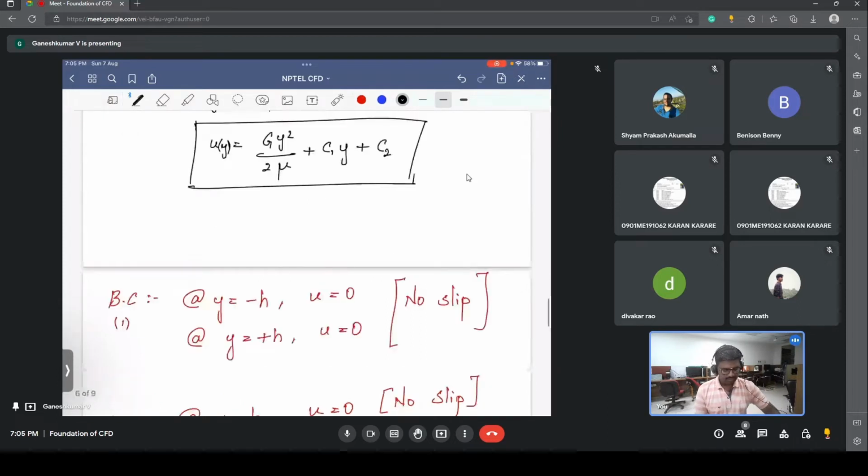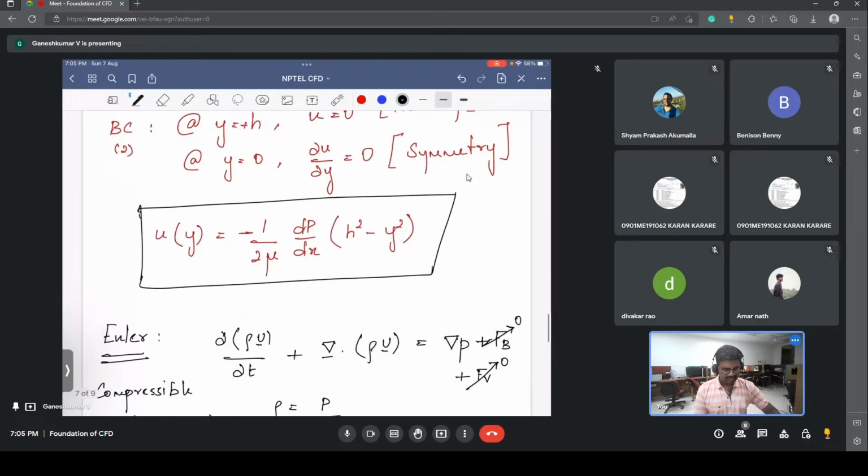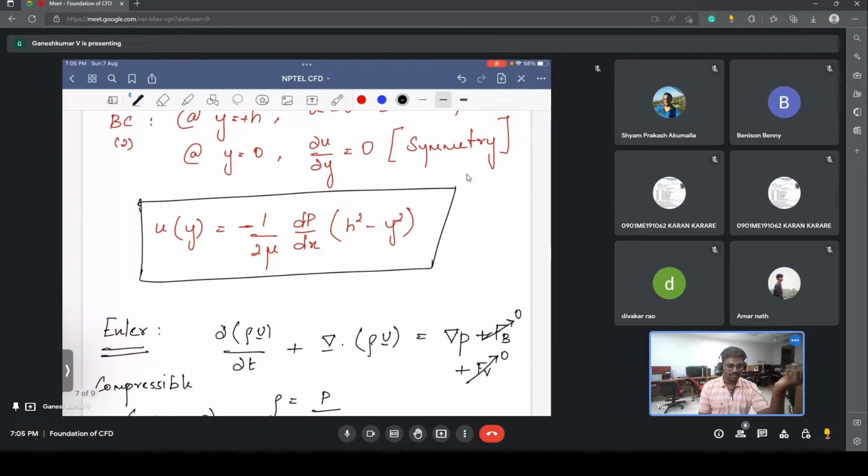But we also understood that such kind of flow may not occur in the real world, and you may need to solve the whole Navier-Stokes equation to predict any real-world flow. Solving the Navier-Stokes equation analytically is not possible.